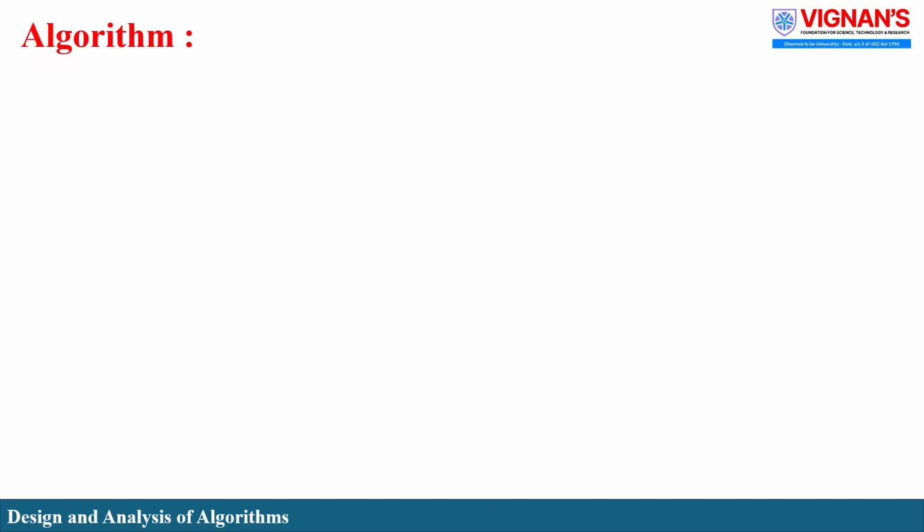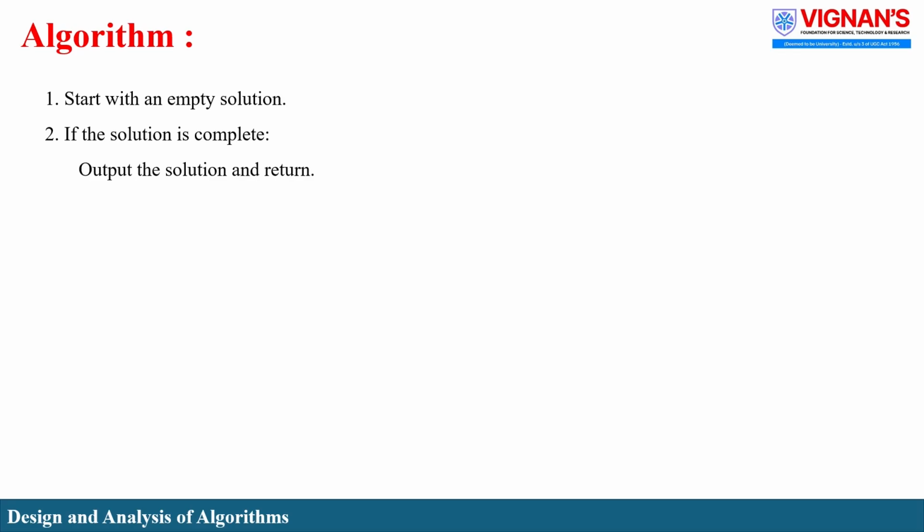Now let us look at the general algorithm for backtracking. We begin with the first step. Start with an empty solution. Second, if the solution is complete, we simply output the solution and return, because we have successfully found a valid answer. If the solution is not complete, we move to the next part. For each possible choice, we try to extend the current solution.